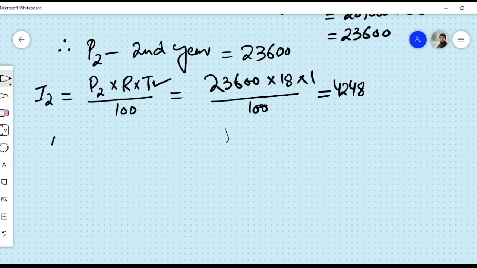Therefore the total amount after the second year will be rupees 20,000 plus the interest for the 1 year.